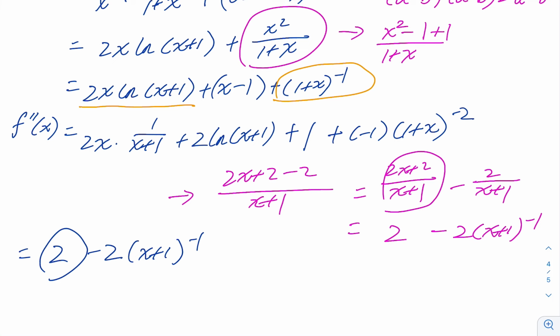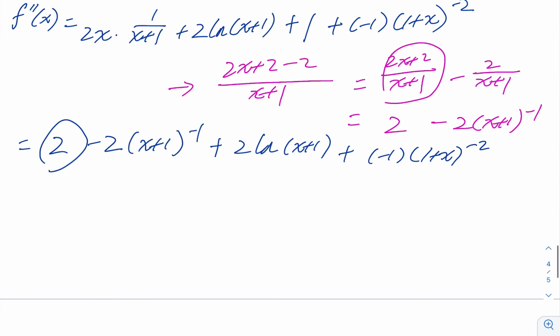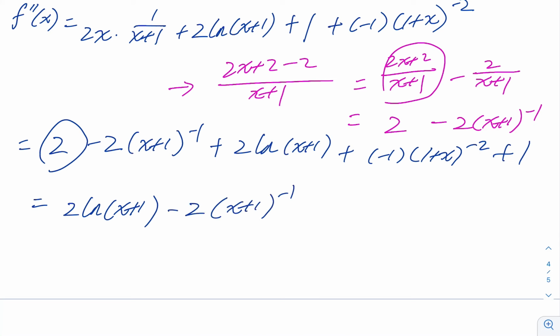Okay, next we have 2 plus 2 ln(x plus 1) plus... Oh, sorry, I missed the plus 1 here. So that'll be 2 ln(x plus 1) minus 2 over x plus 1, plus minus 1 times that, then plus 3.